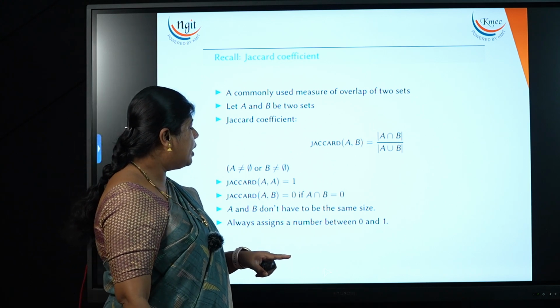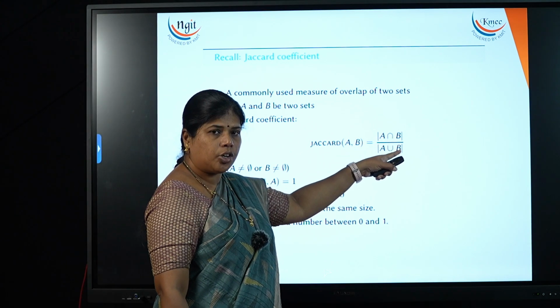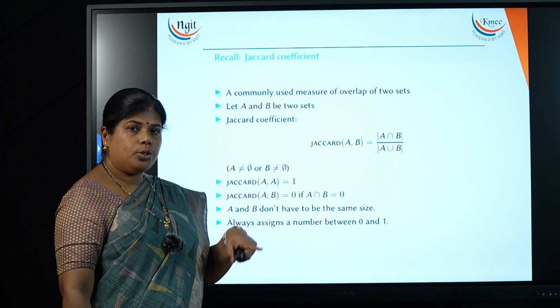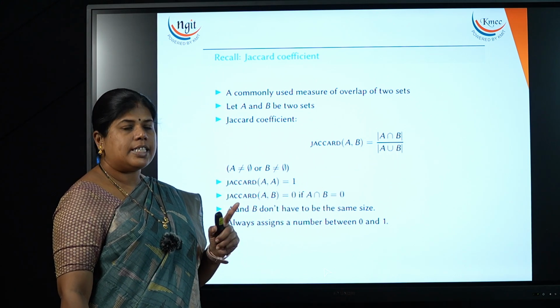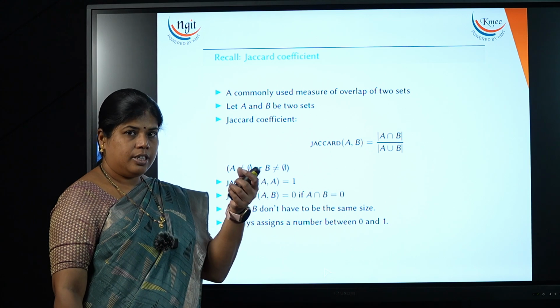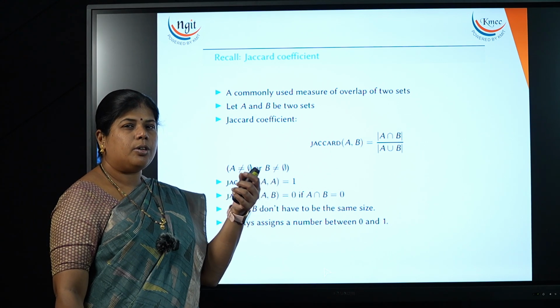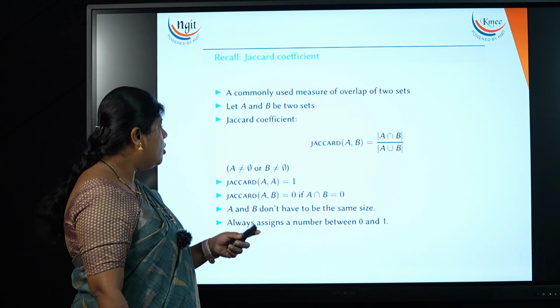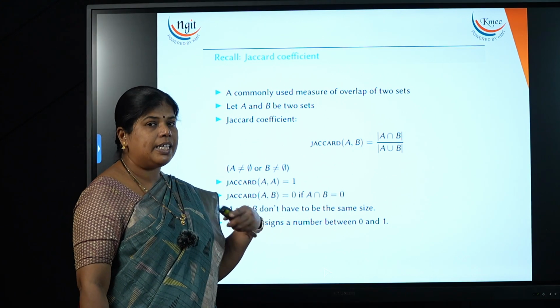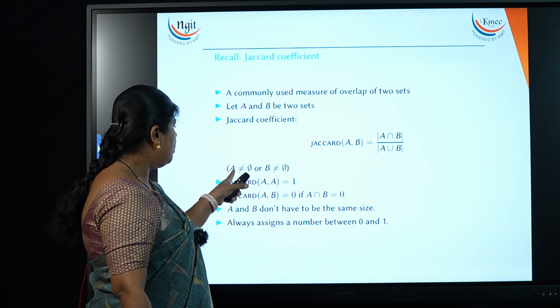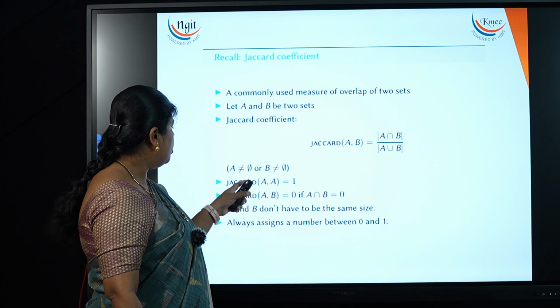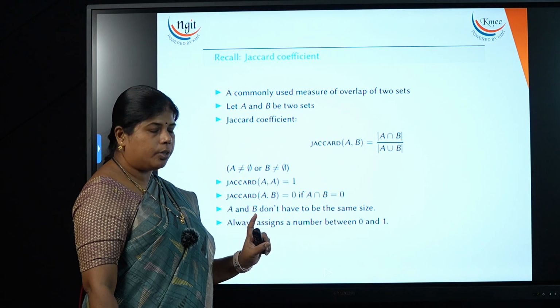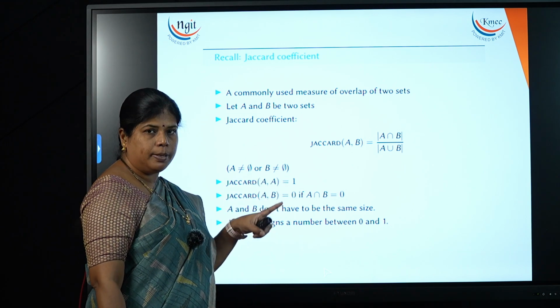I find the intersection of them divided by the union of them. The intersection is based on your grams, meaning whether you go by unigram or n-gram, you have to decide. While applying the Jaccard coefficient, keep in mind that A should not be null and B should not be null.